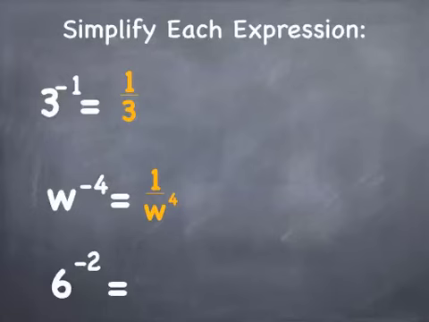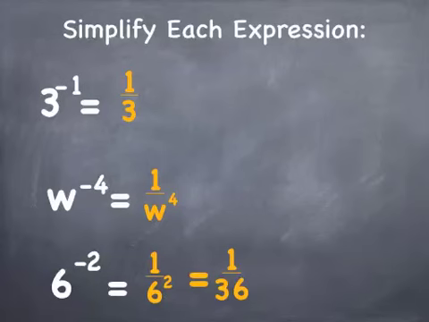And 6 to the negative second can be rewritten as 1 over 6 squared. Because the directions do not necessarily ask me to keep it with a positive exponent, I need to go ahead and multiply. 1 over 6 squared is the same as 1 over 6 times 6, which is 36. So 1 over 6 squared is the same as 1 over 36.